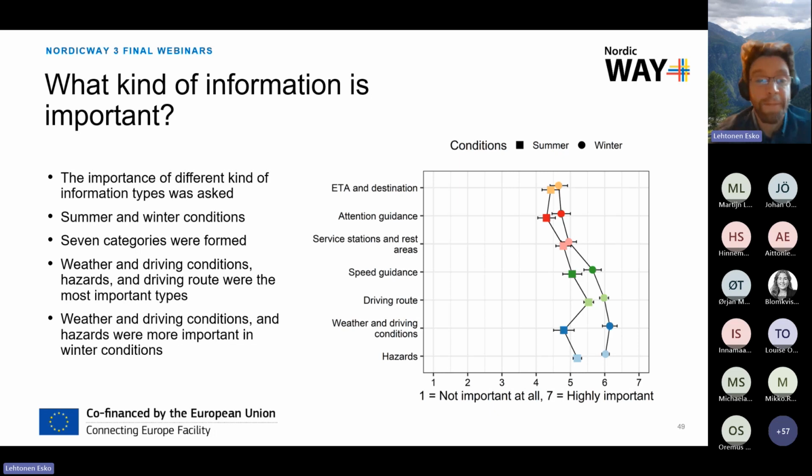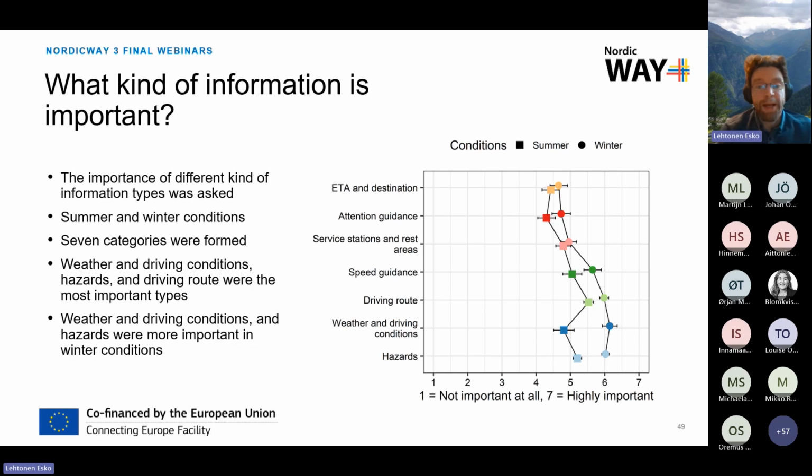First is information about the estimated time of arrival and what the status of the destination is. For example, is a harbor area very congested or something like that. Second one was attention guidance, like driver alerts. Then there was information about the service stations and rest areas. This is, of course, something which is already quite readily available in some applications too.